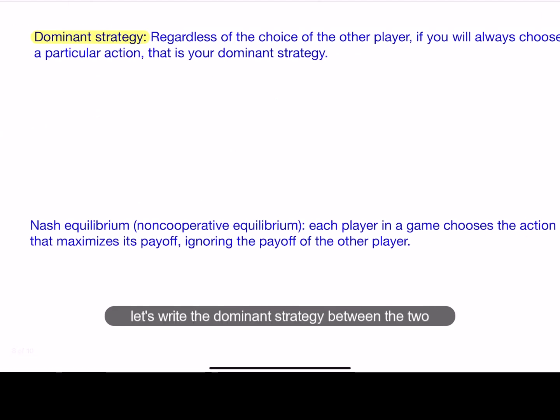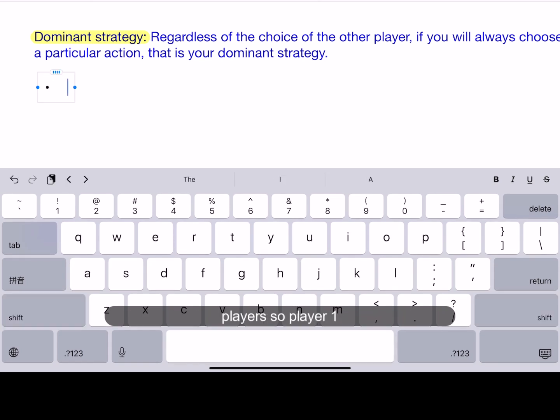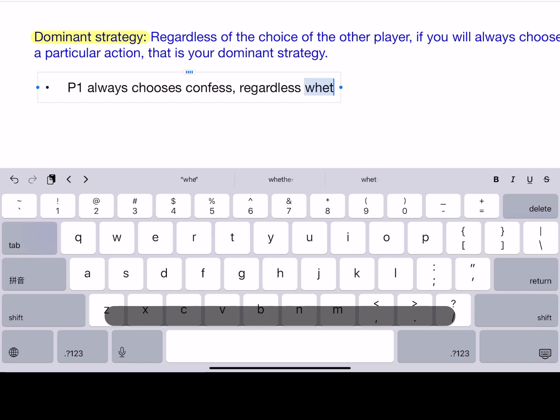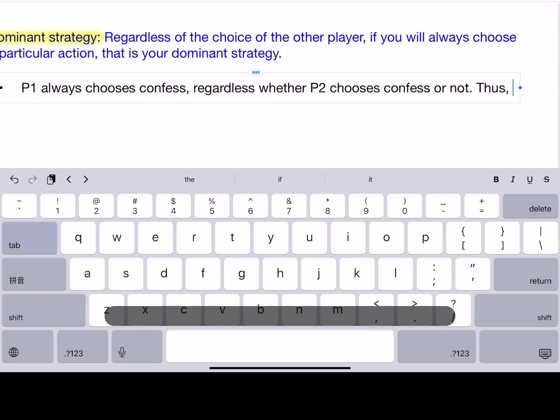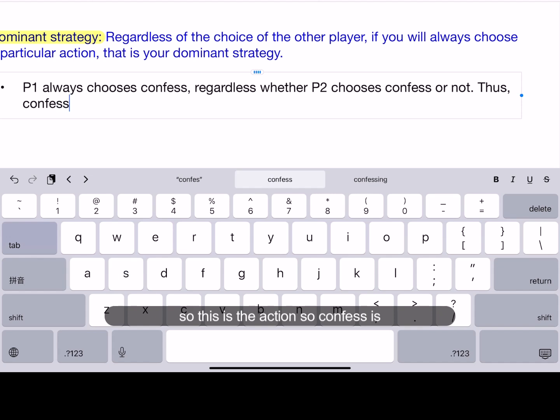So let's write the dominant strategy between the two players. So player 1 always chooses confess regardless of whether player 2 chooses confess or not. And so we call this, thus, confess. So this is the action.